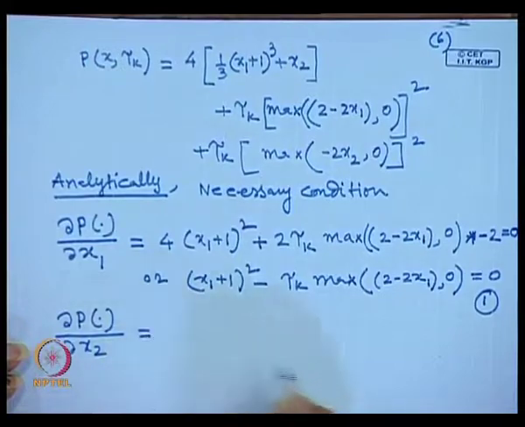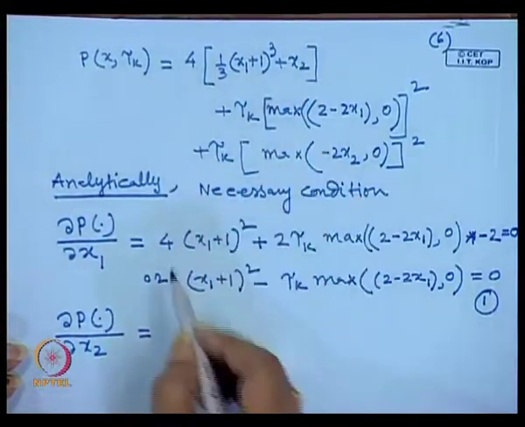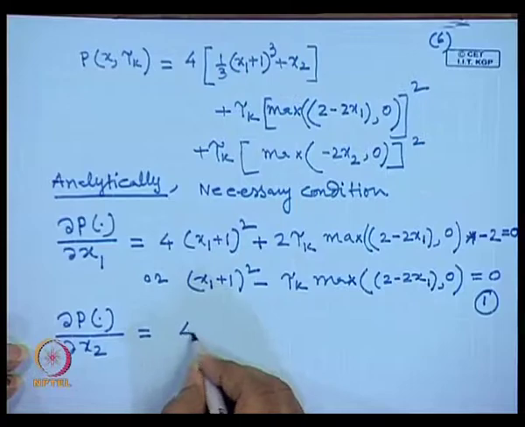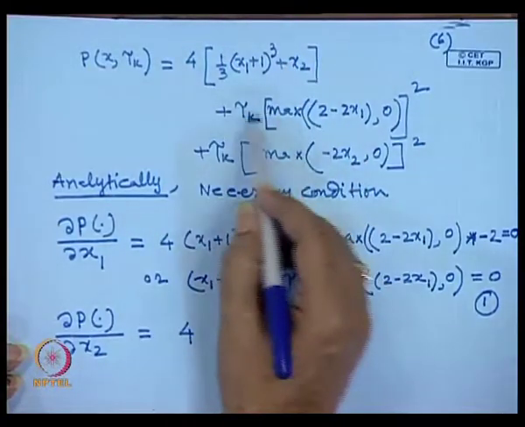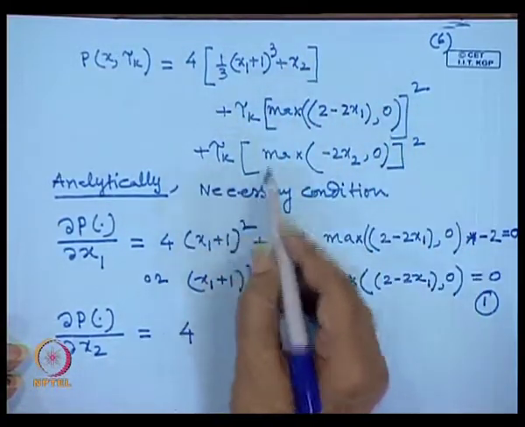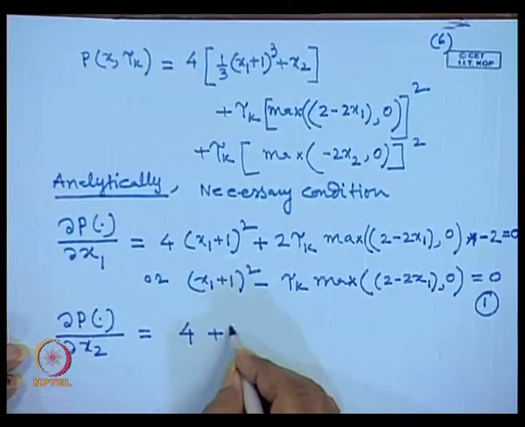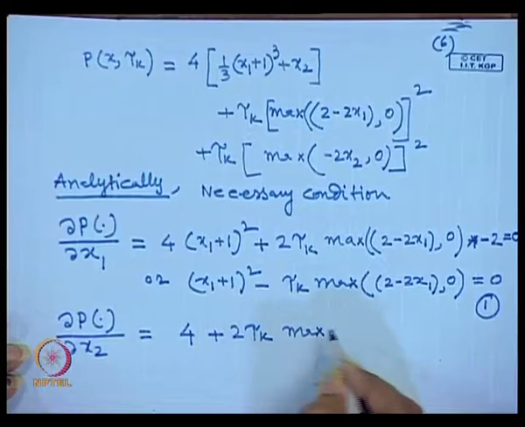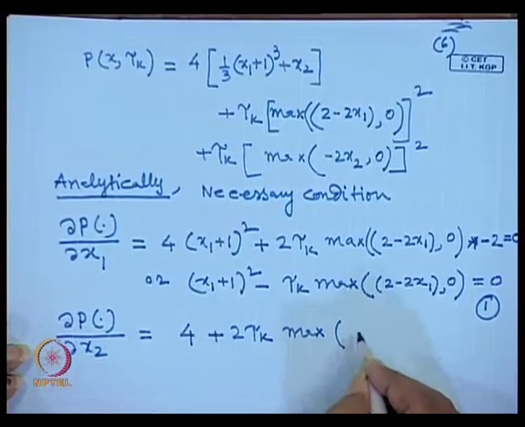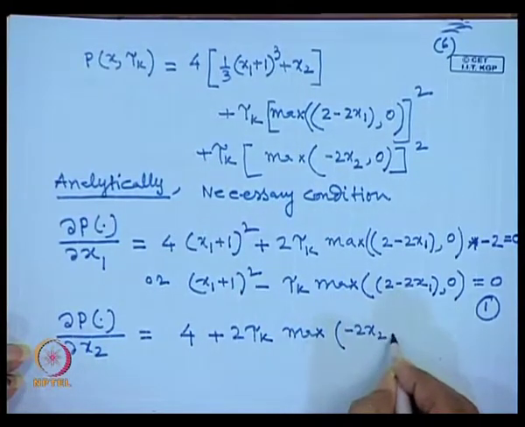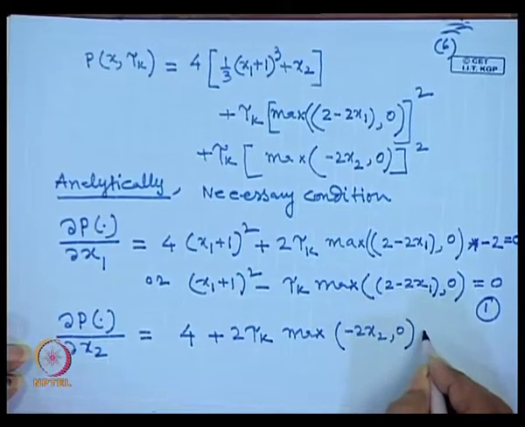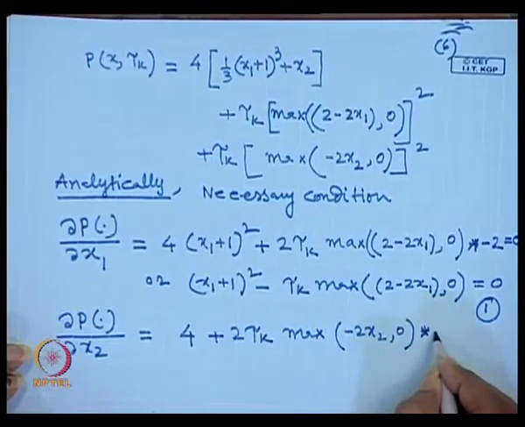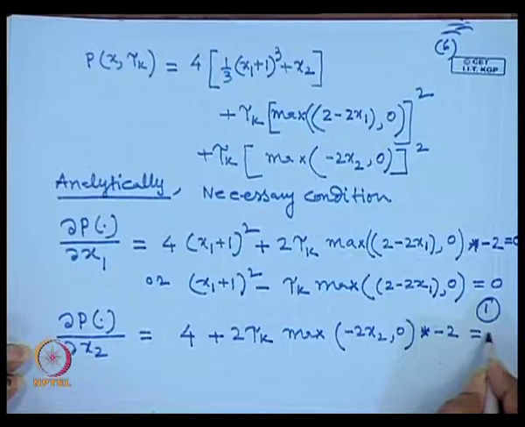is equal to, if you differentiate this with respect to x 2, there will be a 4 x 2 first term, there is no x 2 term here, x 2 is here, then it is twice tau k max minus 2 x 2 0, then into minus 2 is equal to 0.